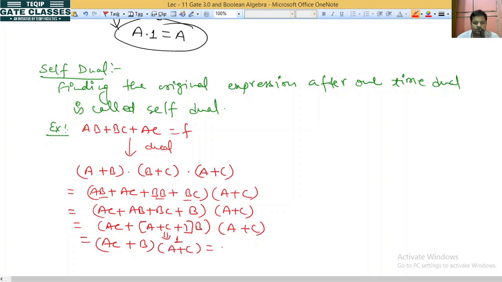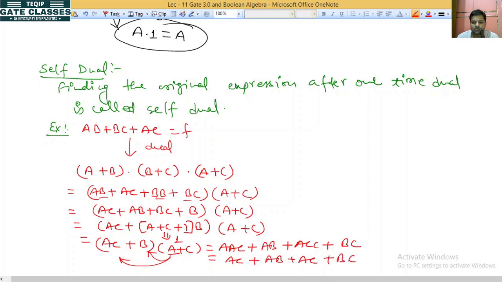Now multiply by (A plus C). What will be the value? AAC plus AB plus, I pick A and multiply with B and AC. Now I pick C, so it will be ACC plus BC. So it will be AC plus AB plus again AC plus BC.